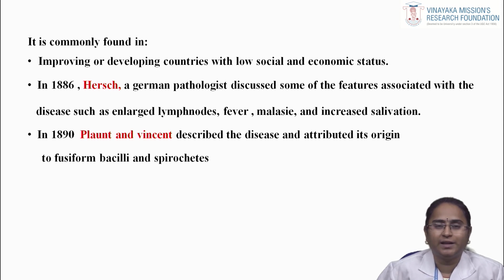In 1886, Hirsch, a German pathologist, discussed some of these features such as enlarged lymph nodes, fever and malaise. In 1890, Plaut and Vincent described the disease and attributed its origin to fusiform bacilli and spirochetes.